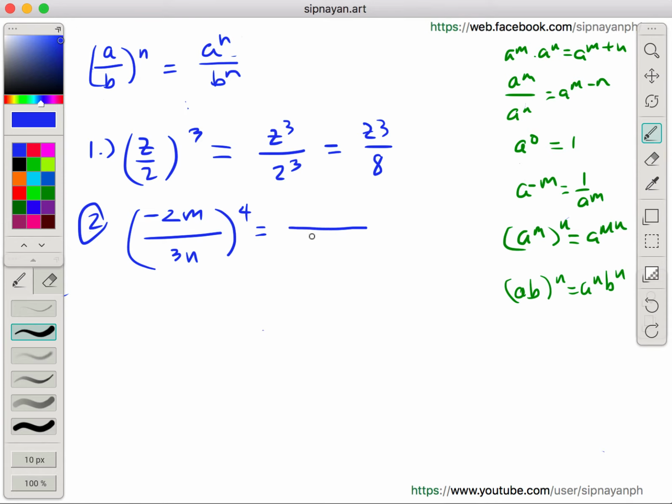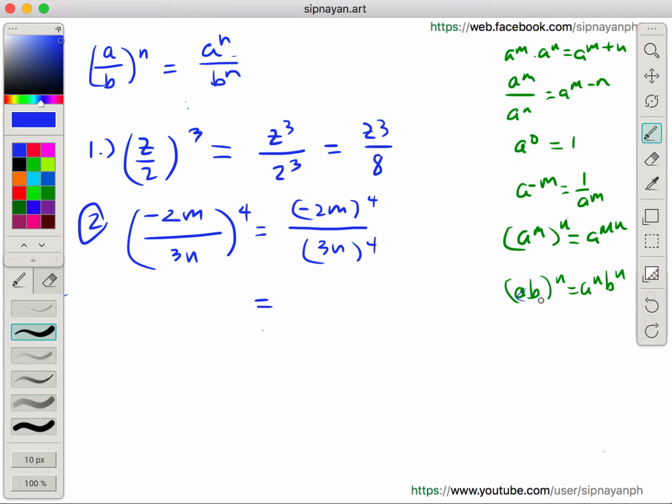So we can split negative 2m raised to the fourth, and then 3n raised to the fourth. So, anong susunod na law na gagamitin natin? Magkaibang variables and then you raise to a power. Naalala nyo? Ito yun, di ba? More than one variable and then you raise to a power.